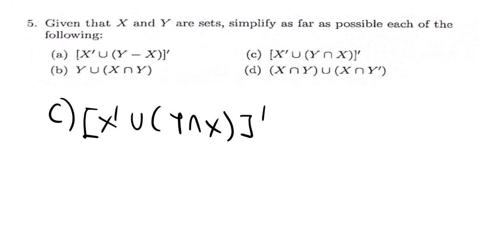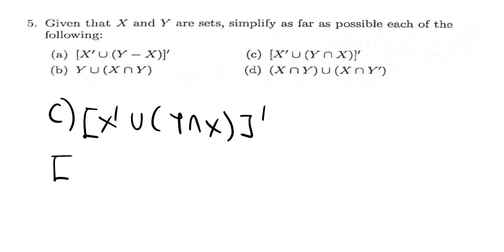Let me distribute the complement first. Notice the difference: this is x complement, this is x. The absorption law can't work, so you have to be very careful there, unless these ones were the same.